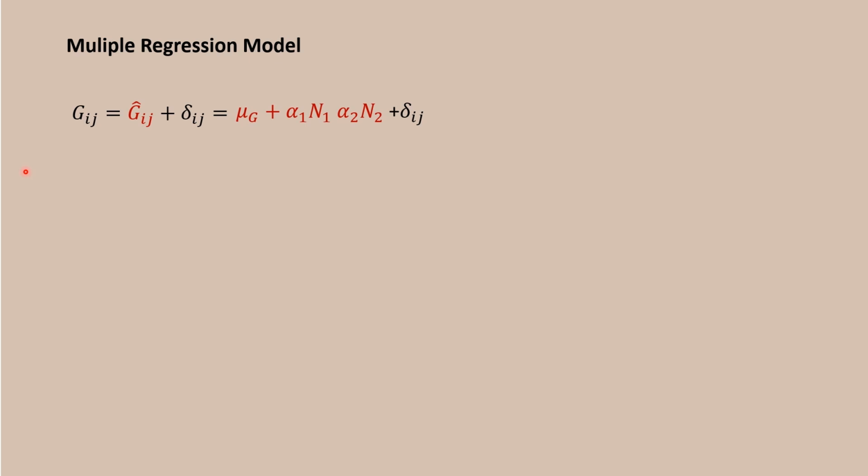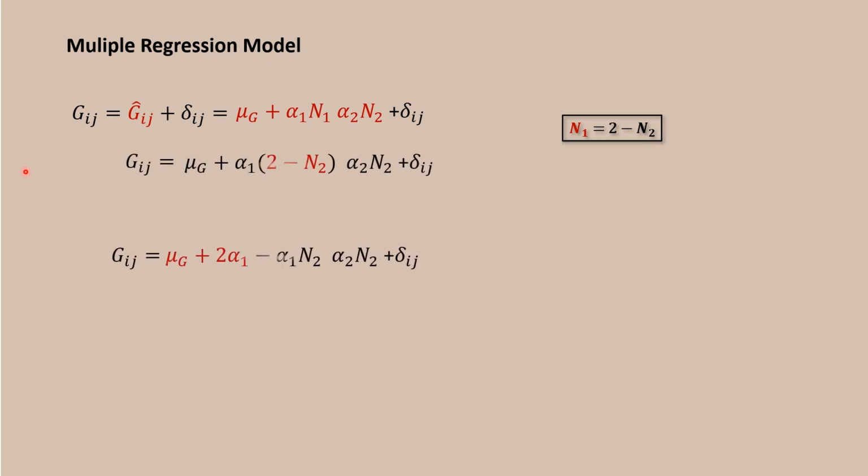If we expand the formula, we find that G hat can be defined as the population genotype mean plus alpha 1 times the number of copies of allele B1, plus alpha 2 times the number of copies of B2, the sum of the effects of each allele in the genotype. To simplify the formula with the premise that we are working with a diploid, we can infer that N1 equals 2 minus N2.